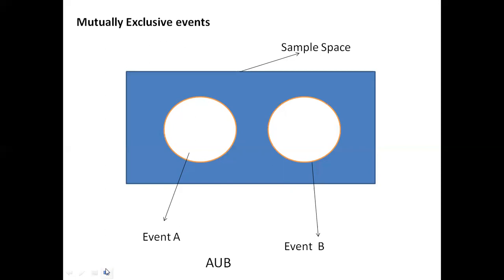If the events, that is event A and event B, do not have any experimental outcomes in common, then in this diagram you can see that event A is separate from event B. There are no common experimental outcomes. So these are mutually exclusive events.